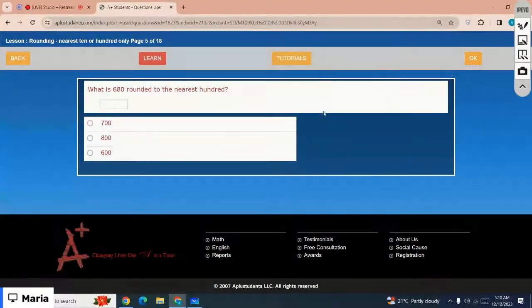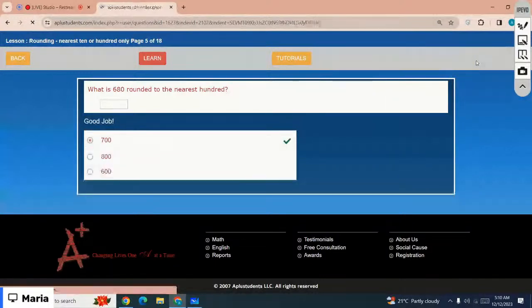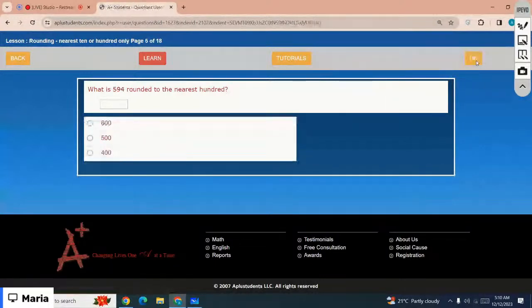Yes, it is 700. The correct option is 700. What is 594 rounded to the nearest 100? Which is the correct option?